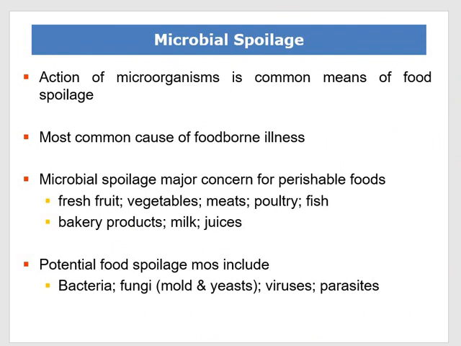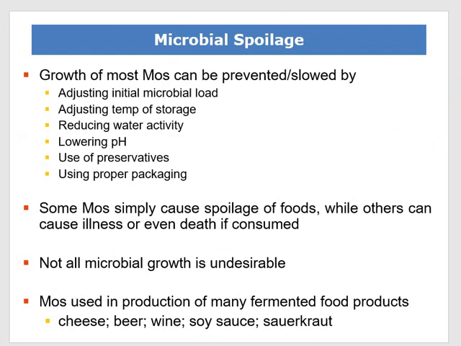Okay, so microbial spoilage is a major concern for perishable foods like your fresh fruits, vegetables, meat, poultry, fish, baked products, milk and juices, unlike non-perishable products like canned products that have a shelf life of maybe 2 to 5 years. Some of the microorganisms with potential for food spoilage are bacteria, yeasts and mold, viruses, and parasites that will be found in the raw material, especially your animal products.